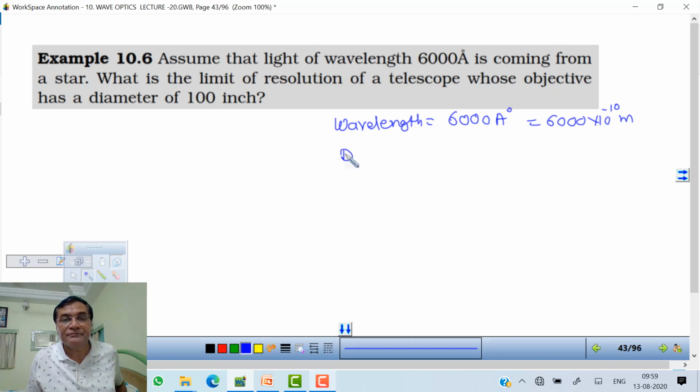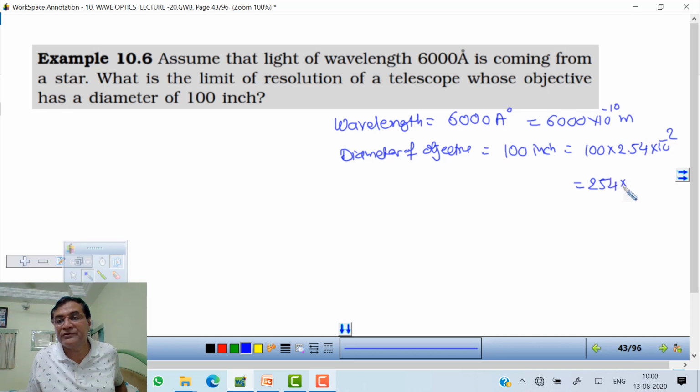And diameter of objective is 100 inch. So 100 into 2.54 centimeter into 10 raised to minus 2. So it is 254 into 10 raised to minus 2 meter.